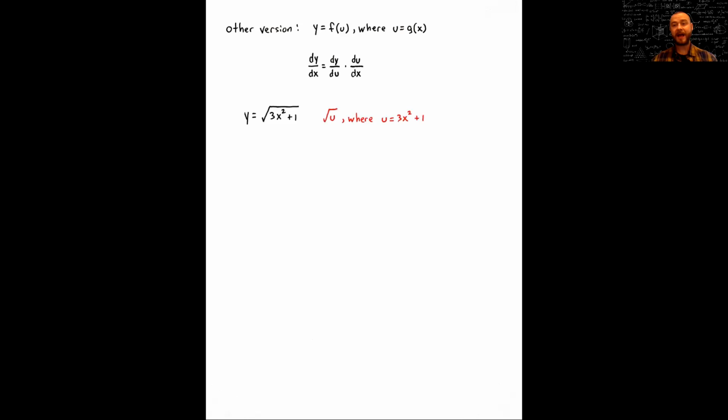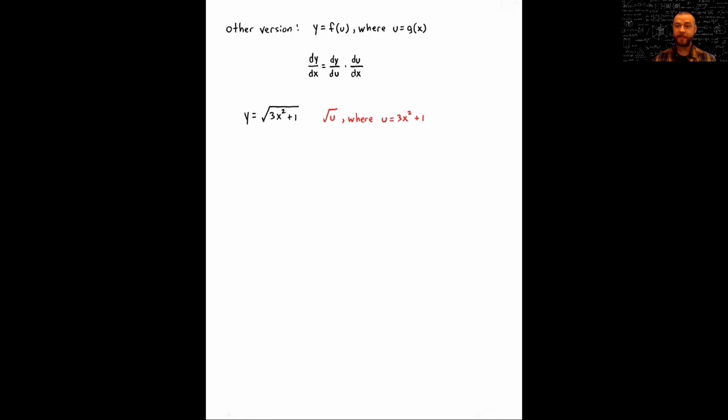We're going to identify our outer function as the square root, but we now say square root of u. And we're going to identify the inner u as a function of x. So we'll say u equals 3x squared plus 1.